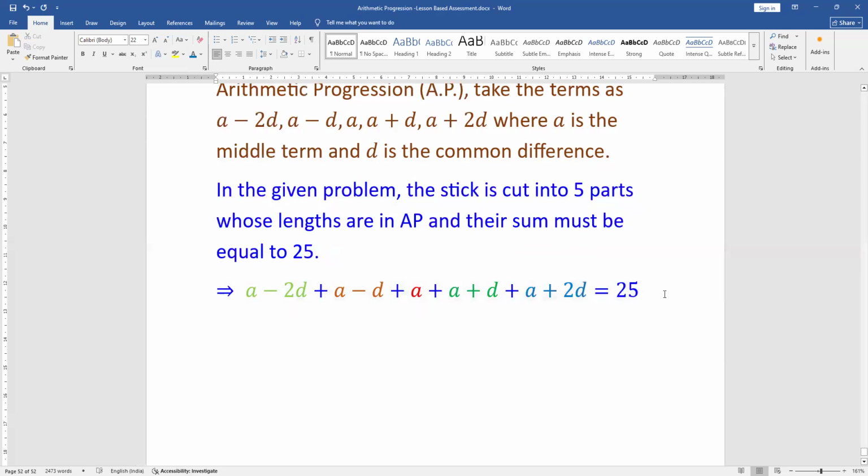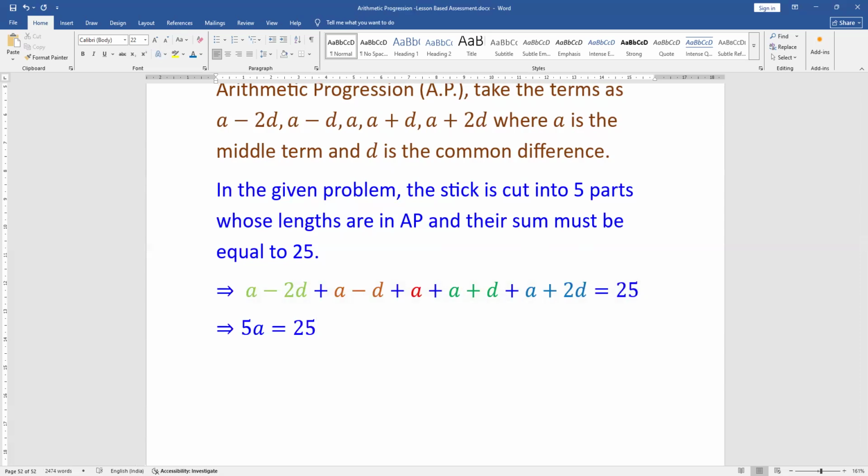So if I add these 5 terms, I get 25. Here minus 2d and plus 2d get cancelled, and minus d and plus d get cancelled. So on the left hand side you get 5a, and on the right hand side you get 25.